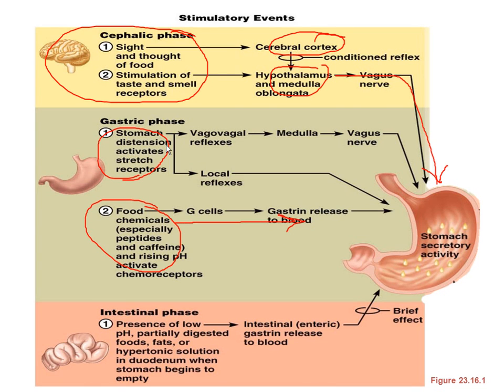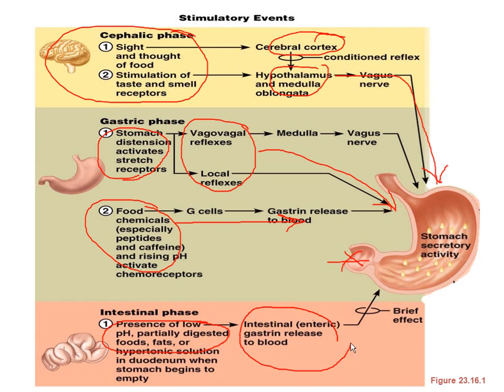The physical distension is going to stimulate reflexes, long and short reflexes, that also increase stomach secretion and activity. Once the stomach has made all its secretions and has been churning this entire time, that converts the bolus into chyme, and chyme begins to leak into the small intestine. The presence of chemistry in the small intestine and the fact that you stretch it stimulates the intestinal phase, which causes intestinal gastrin, CCK, secretin, and we see a change in events.